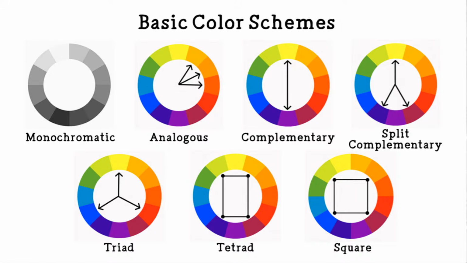There are situations where it is best to use a neutral though, and I will talk about that a little bit later. And with neutral, I mean browns, grays, a white would be a neutral color as well.